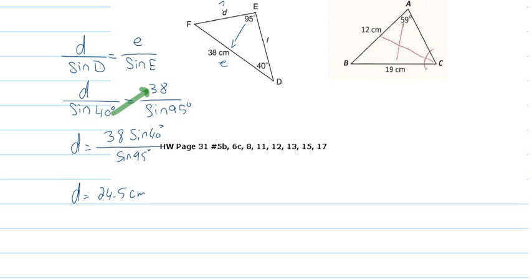What are you doing? You're not putting sine 95 at the bottom. It has to be sine. Just delete it and redo it. Why is it doing that? Maybe you have to put a multiplication between the two.